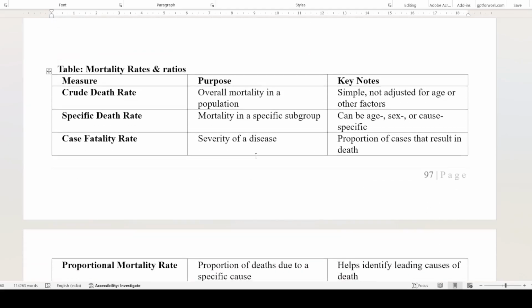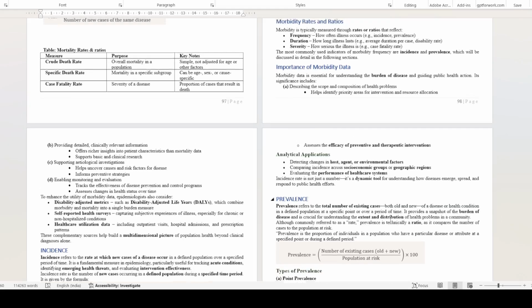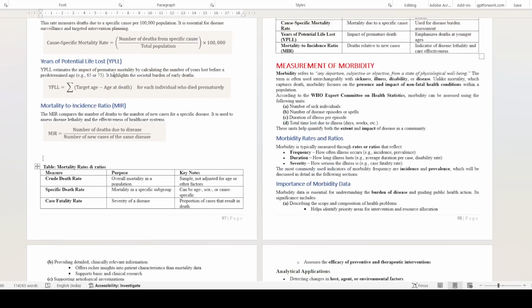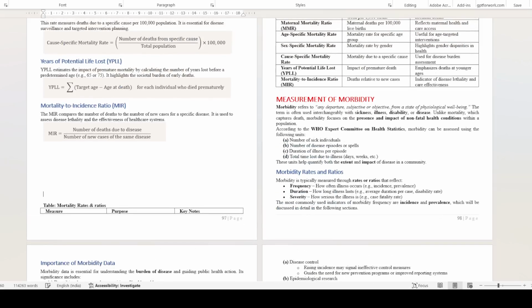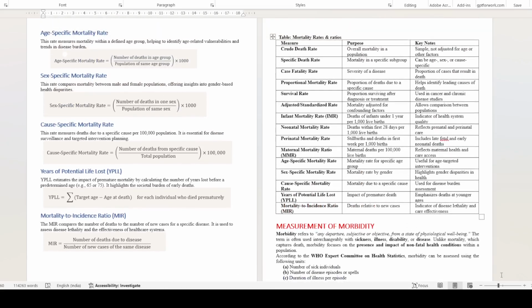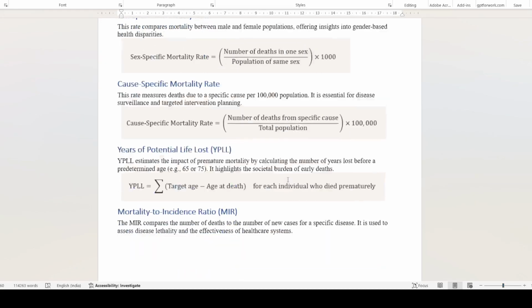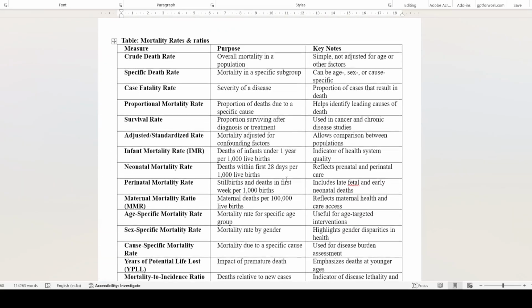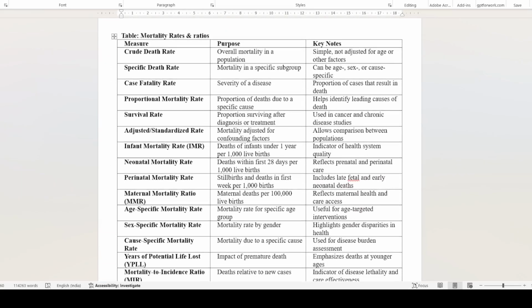So this is, you can say, a summary where we have taken mortality rates and ratios. I'll show you in one page. Yes, this. So mortality rates and ratios, here we have written whatever measures we have studied till now.